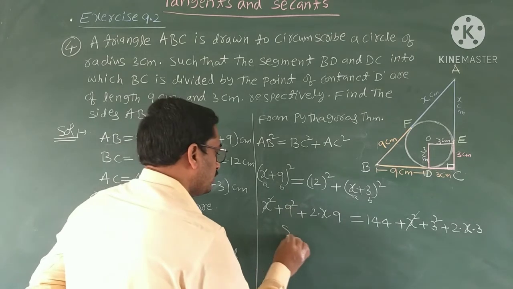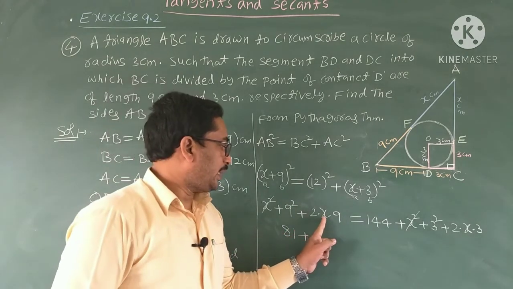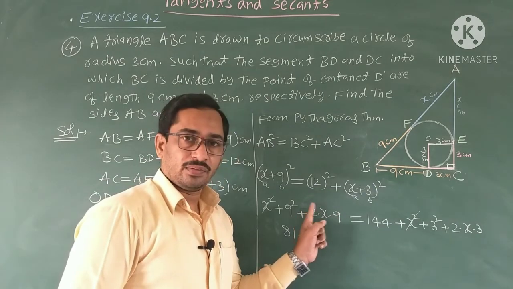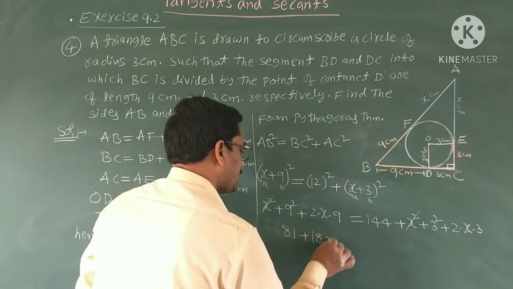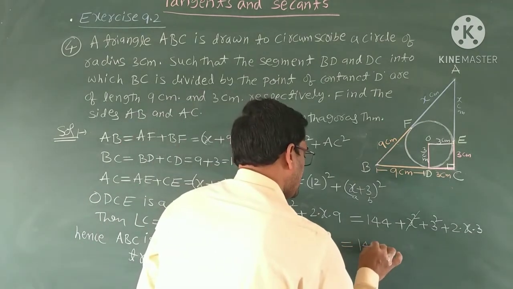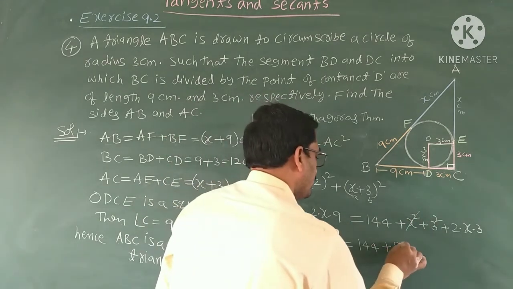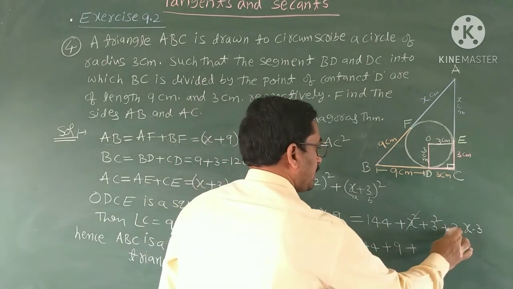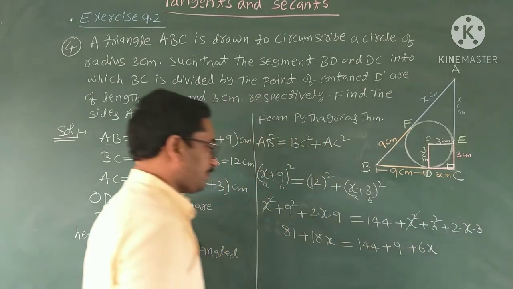9 square value 81 plus 2 into x into 9. So multiply first the constants, 2 into 9, 18x equal to 144 as it is, plus 3 square value 9 plus multiply here the constant 2 into 3, 6x.